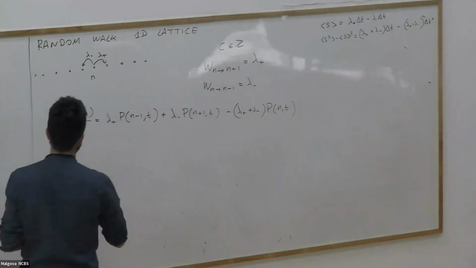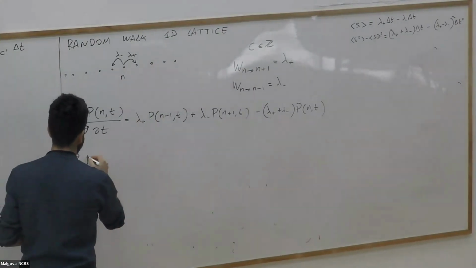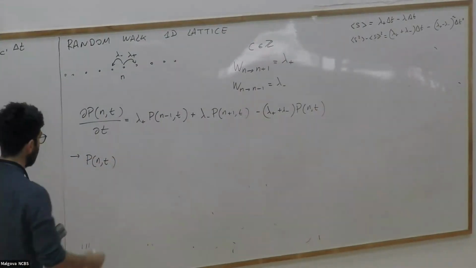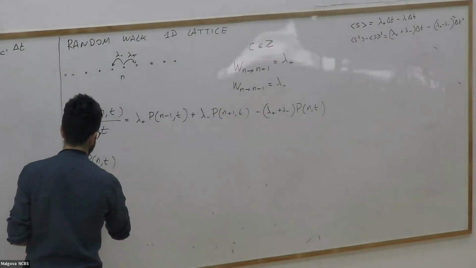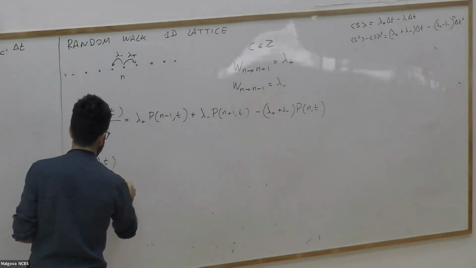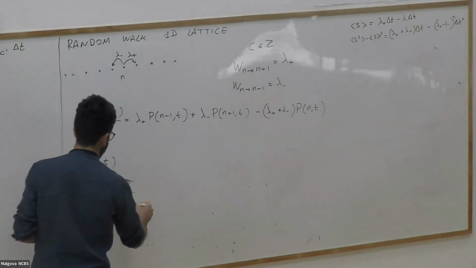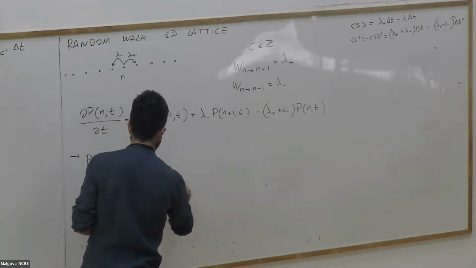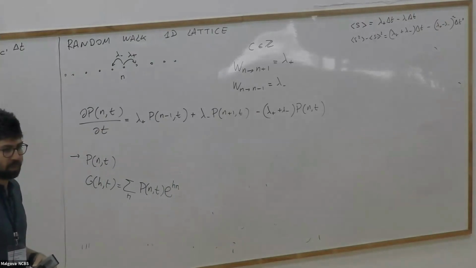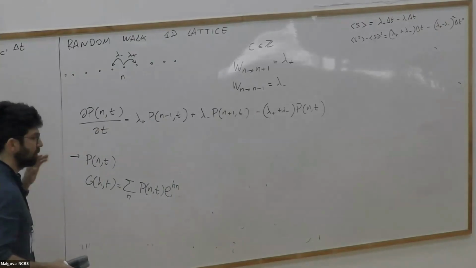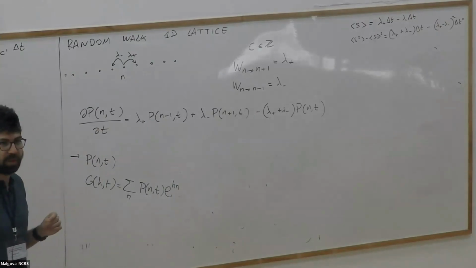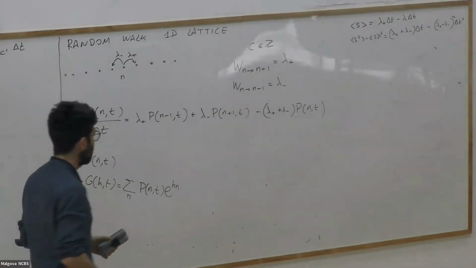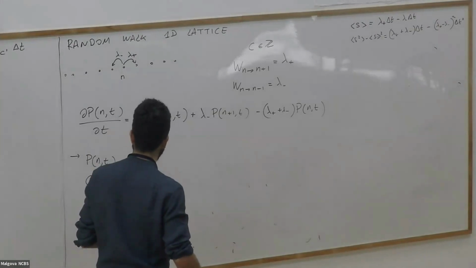Okay, so you have a probability distribution, let's say p of n and t, and then you can define a function G_h of t, which is defined as the sum over n of p of n, t, e to the h n. This function has many fantastic properties, which are all written in the notes. For us, there are two things that are interesting.